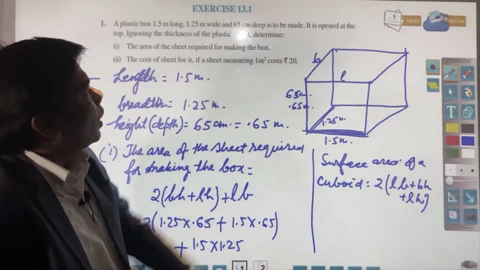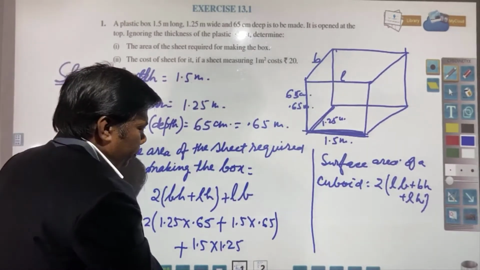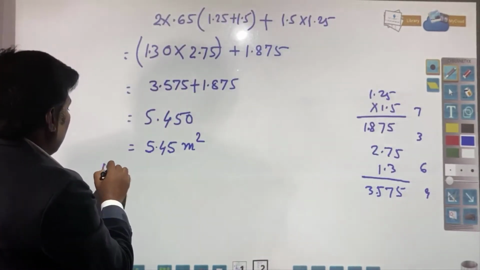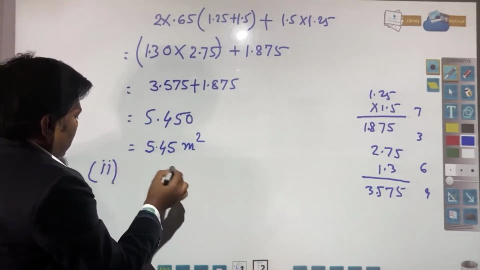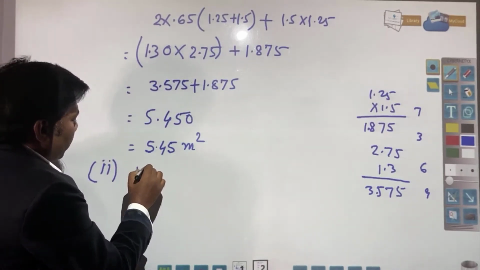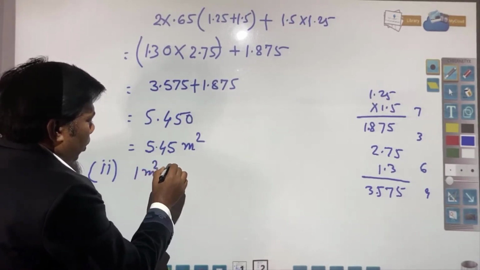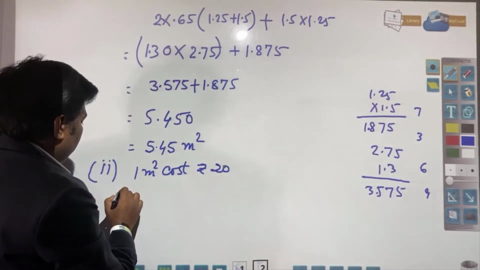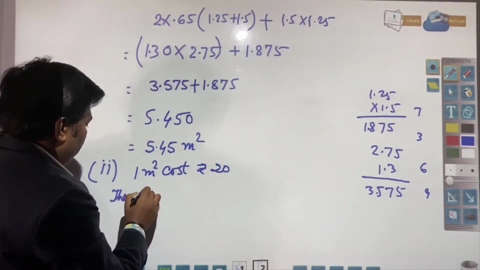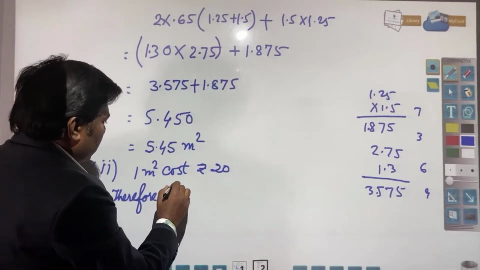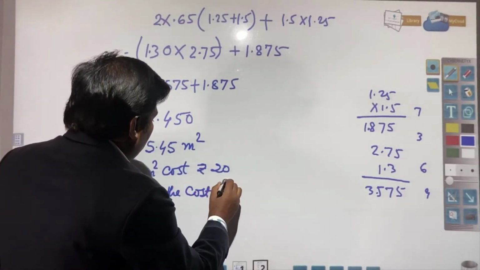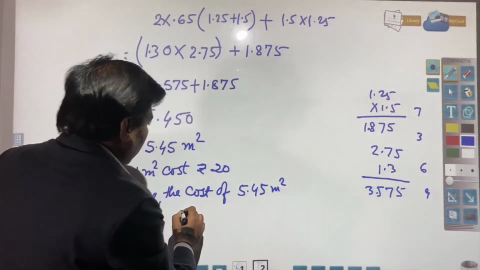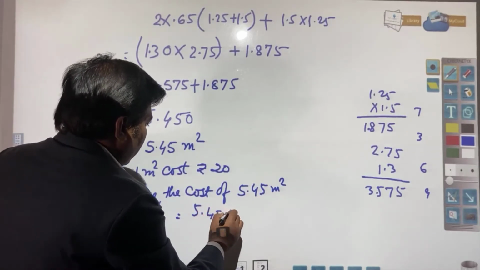If a sheet measuring 1 meter square costs rupees 20, here you write: 1 meter square costs rupees 20, and therefore the cost of 5.45 meters square will be 5.45 into 20.